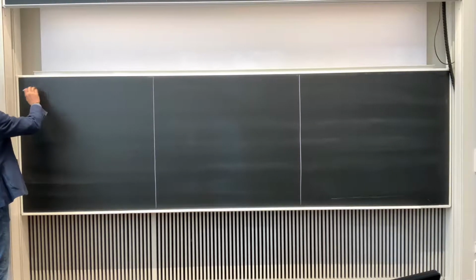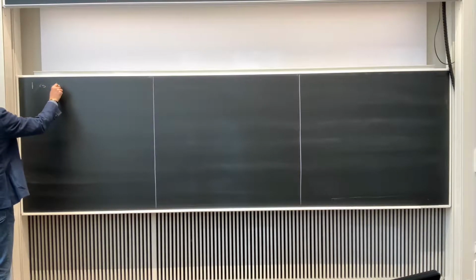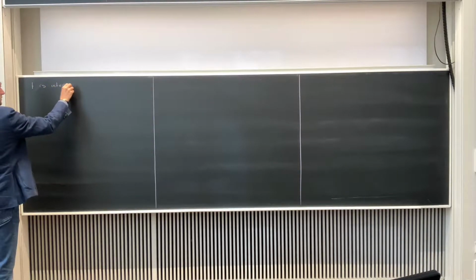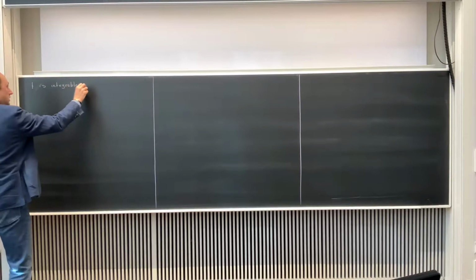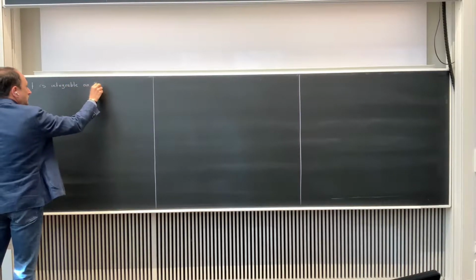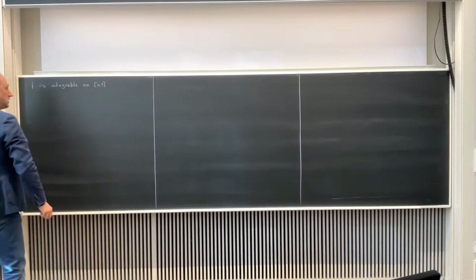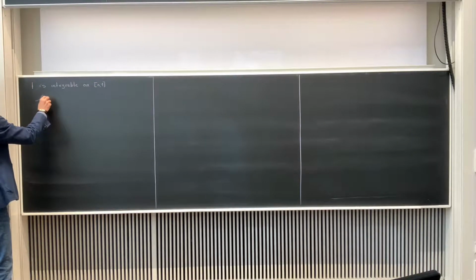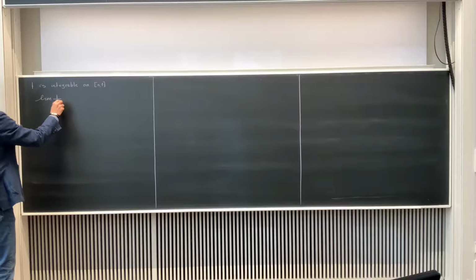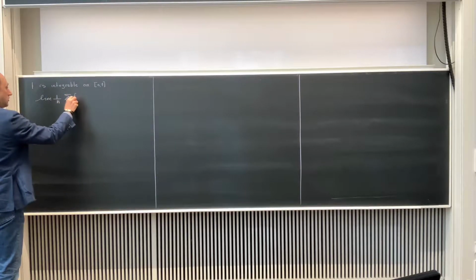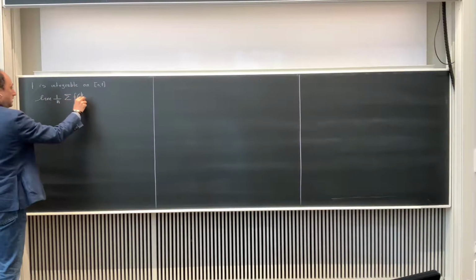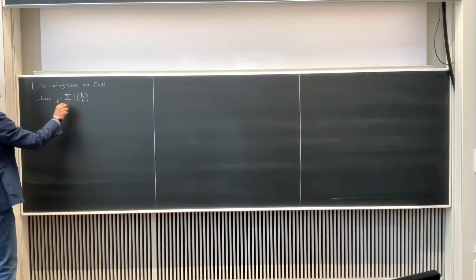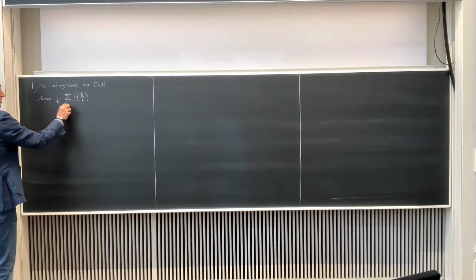So this is the phrase: if f is integrable on 0 and 1, then the limit of 1 over n sigma of f of k over n. But you remember there was a typo in my notes. Please fix it.